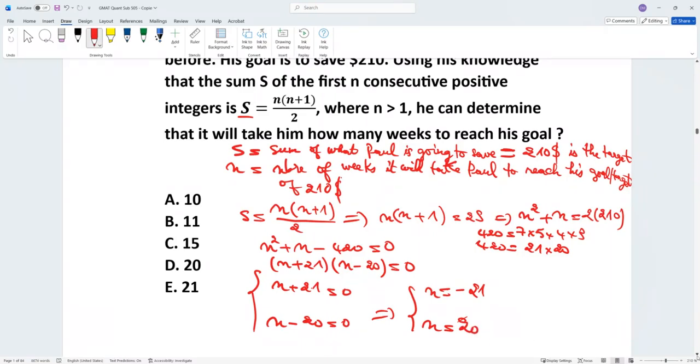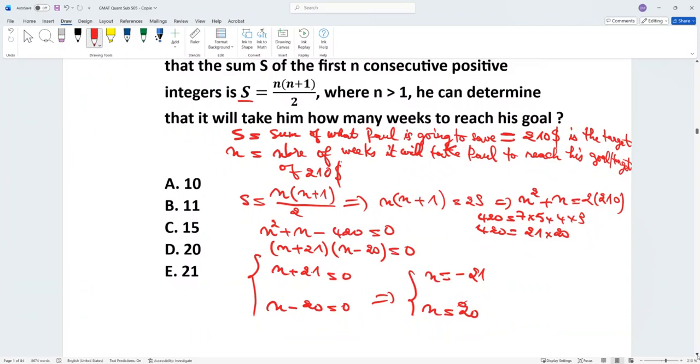So we have two values, but the question is asking us to find one single value. So this is not possible, because the question is to determine the number of weeks, but the number of weeks cannot be negative.